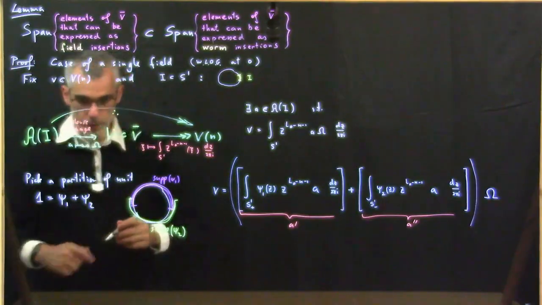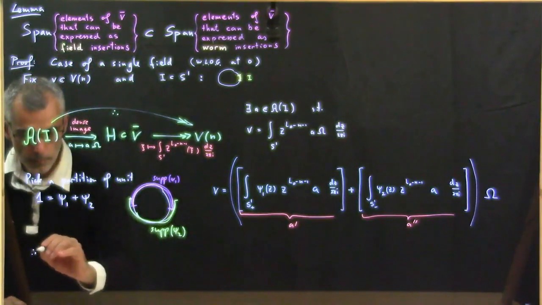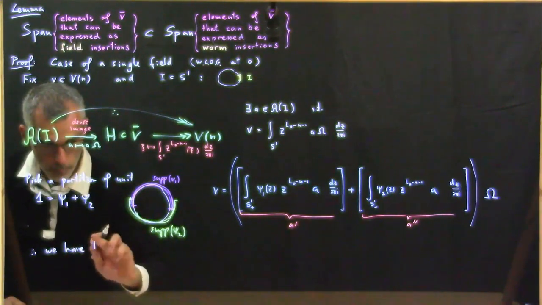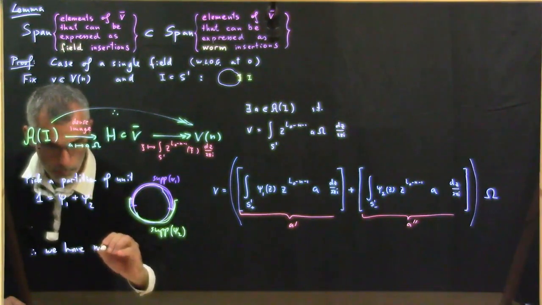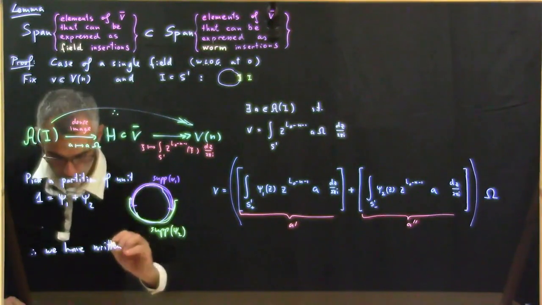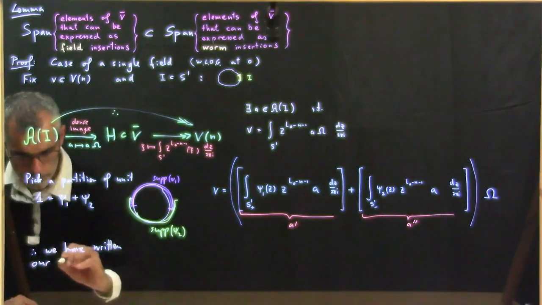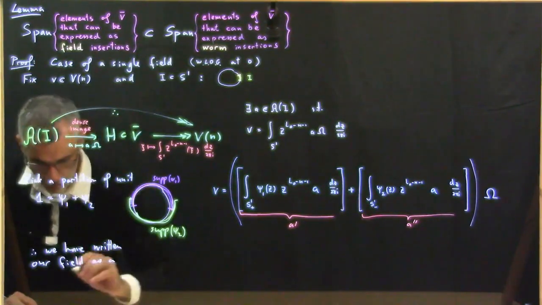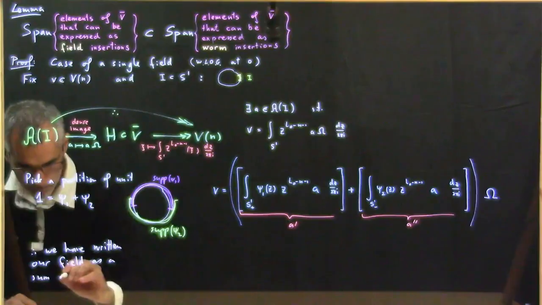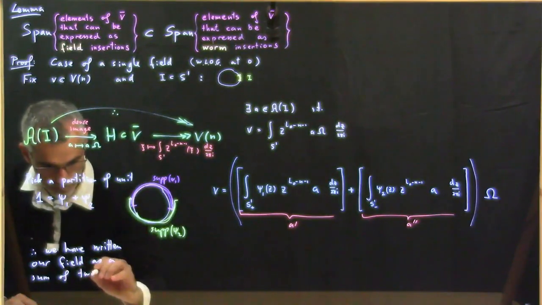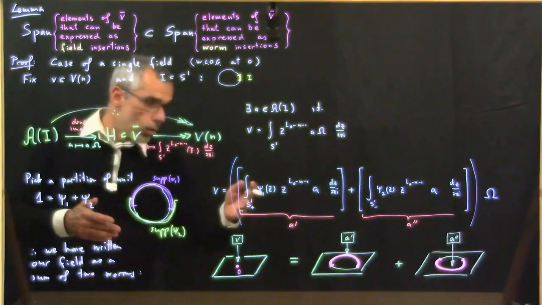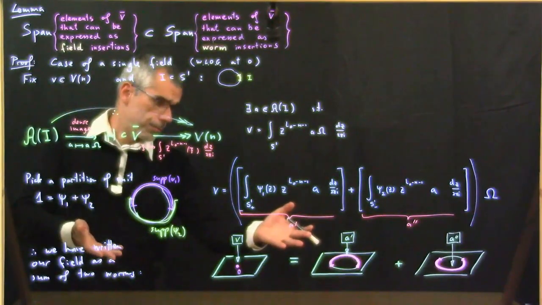And therefore, we have written our field as a sum of 2 worms, which we may draw as follows.